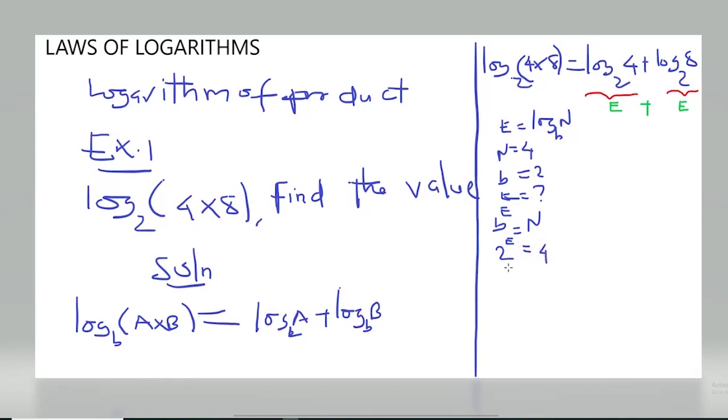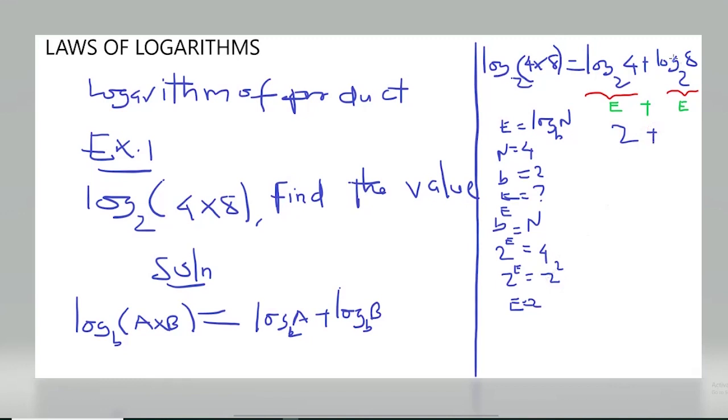Now express 4 with a base 2: 2 power 2. With a common base, the exponent is 2. So logarithm of 4 base 2 is equal to 2, then plus.